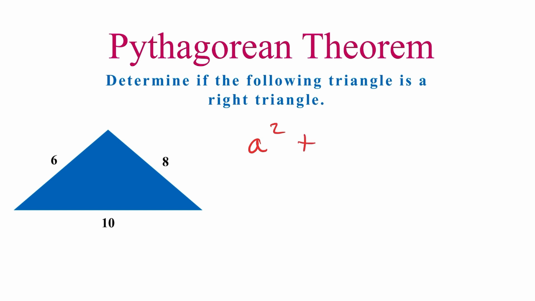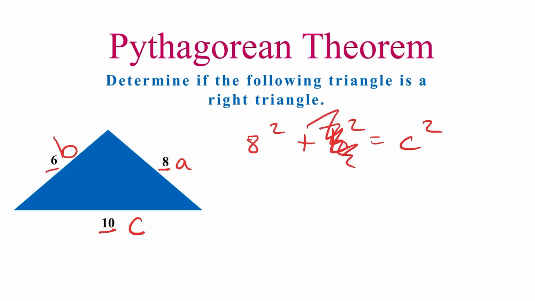Write out Pythagorean theorem. A squared plus B squared equals C squared. The largest number is C. The other two are A and B. You can put those in any order. You just have to get C right. A, we said we're using 8. B, we're using 6.